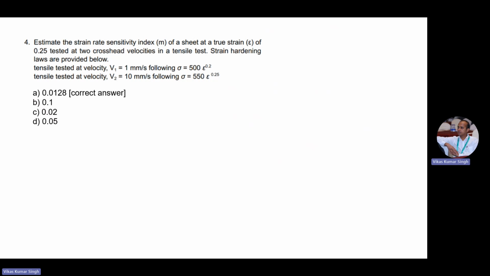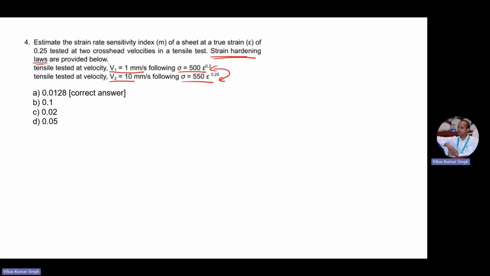Again, I explained this in the previous slide. Strain hardening law are provided below. So the tensile tests are done at velocity v1 and v2, and here the law is given, these two. So this is power law. Two different power laws are given.